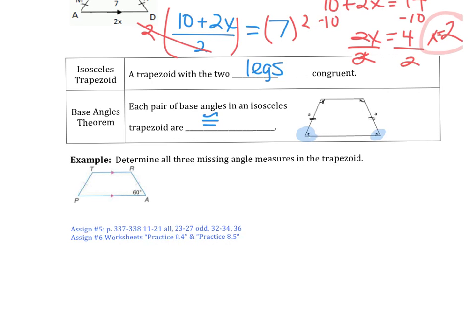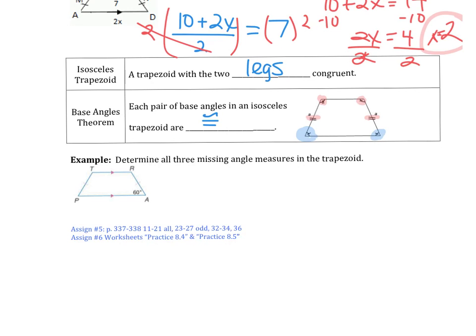Okay, so just like in an isosceles triangle, we have congruent sides and congruent base angles. Same thing is true for your isosceles trapezoid. Notice the markings for my congruent angles, and my other base angles here are also congruent for my isosceles trapezoid.